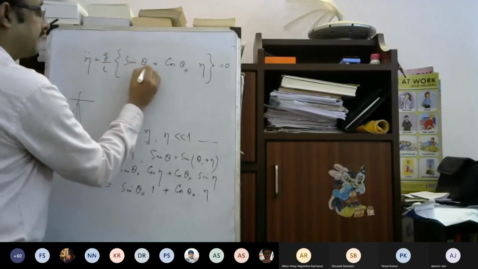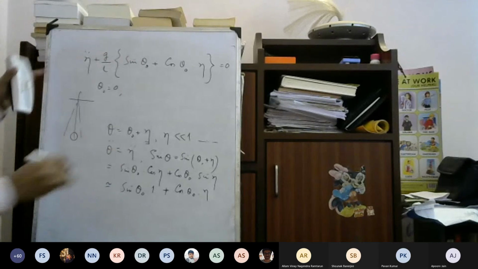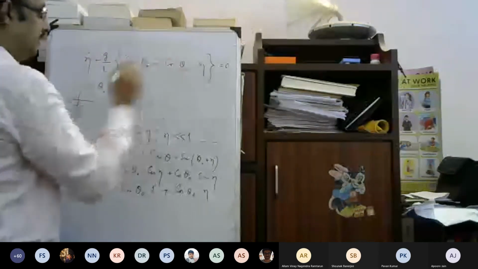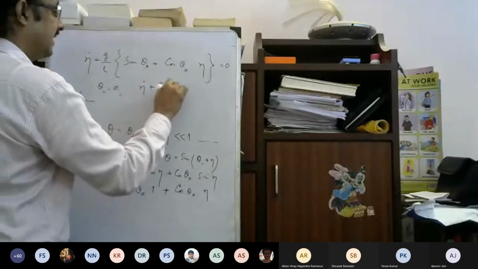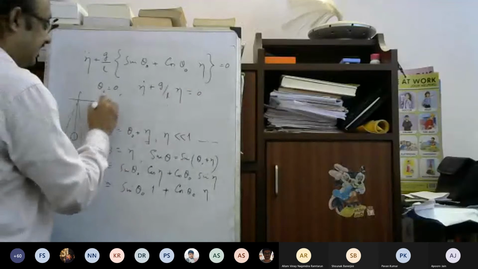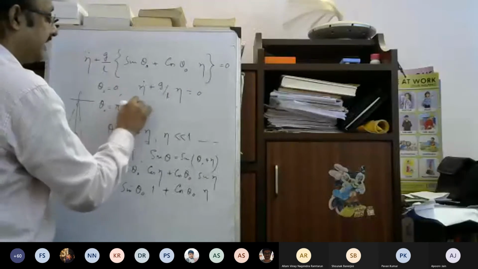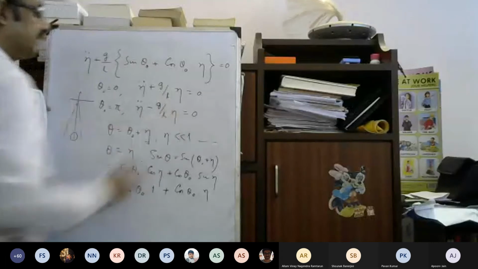Now when theta naught equals 0, you very well see that the sine term will disappear and the cosine will be equal to 1. So the equation of motion will be eta double dot plus G by L eta equal to 0. And when theta naught equals pi, then this will be minus G by L eta.